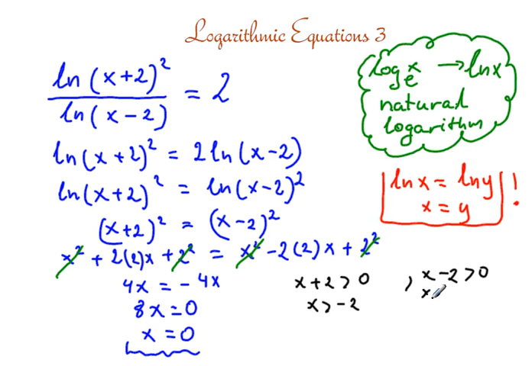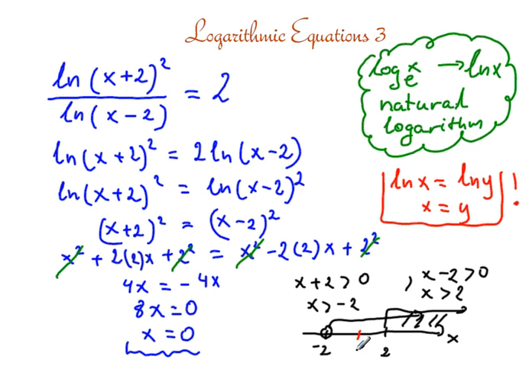So that implies that x needs to be greater than 2. On the number line, when we combine negative 2 to the right and positive 2, the overlap takes place when x is greater than 2. However, our root, x equal to 0, is located outside of that domain interval. Therefore, this is not a solution, so you have to reject it.